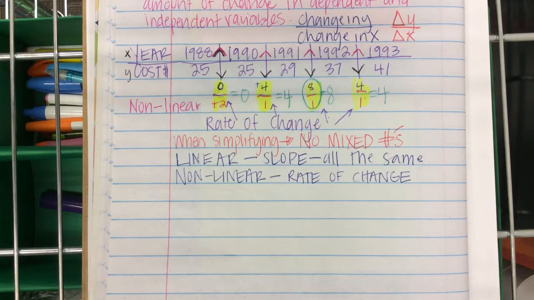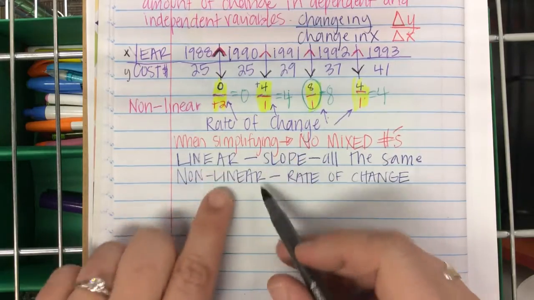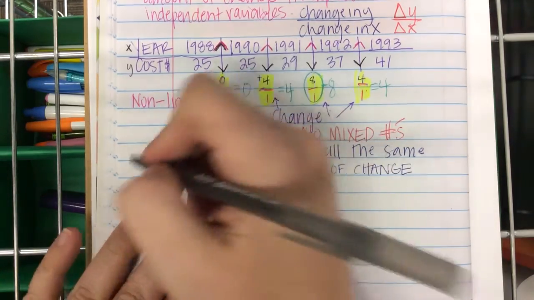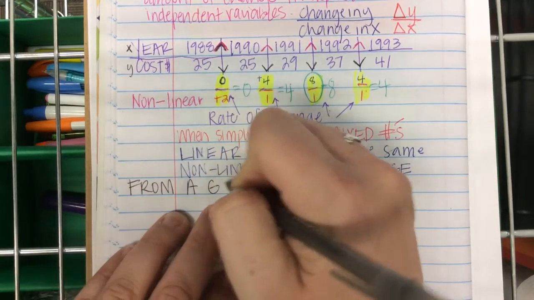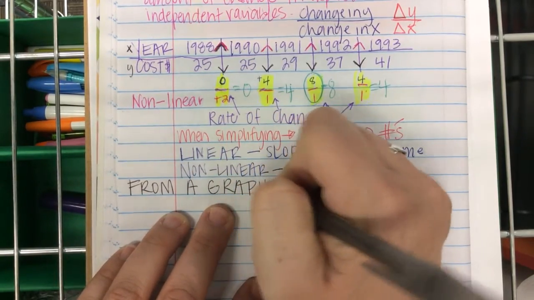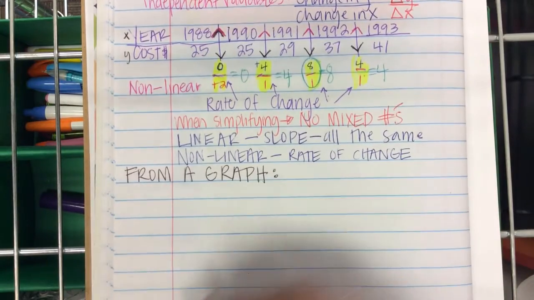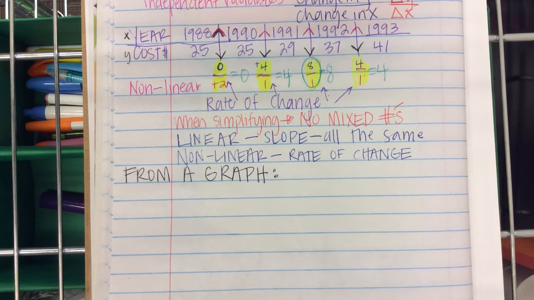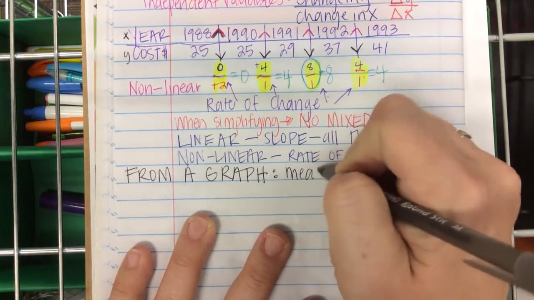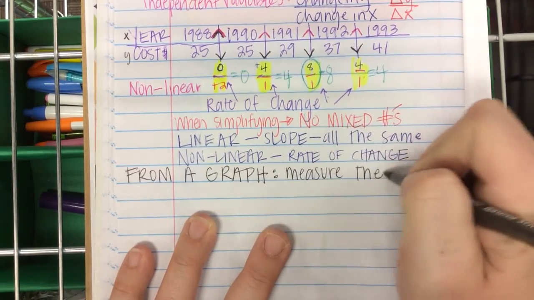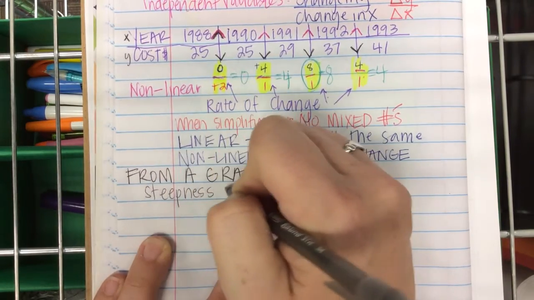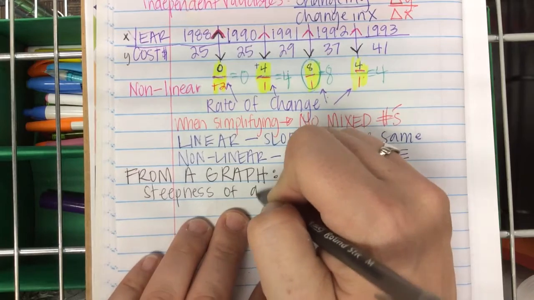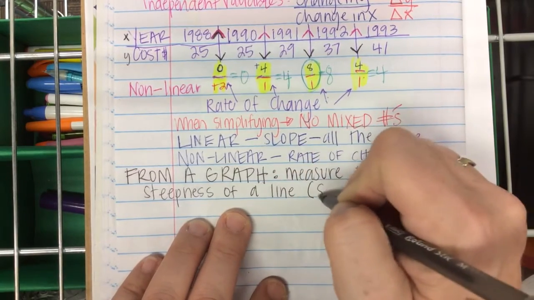So to find the rate of change or the slope, depending on which one you're looking at, from a graph, we're going to measure the steepness of a line, or maybe it's a segment.